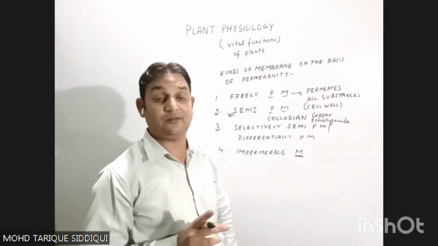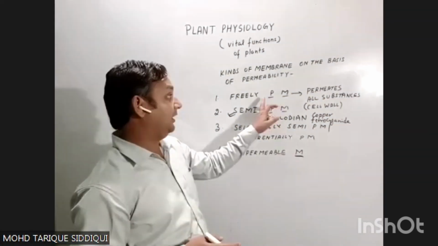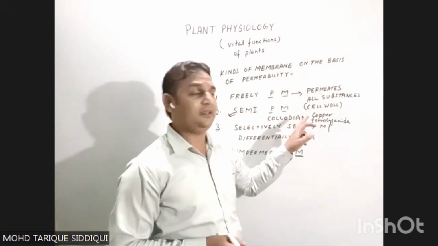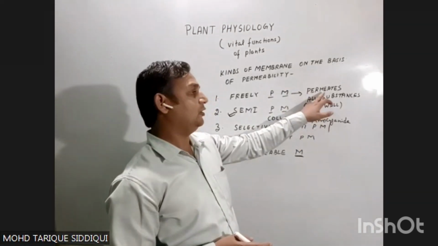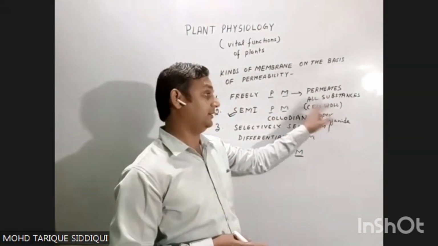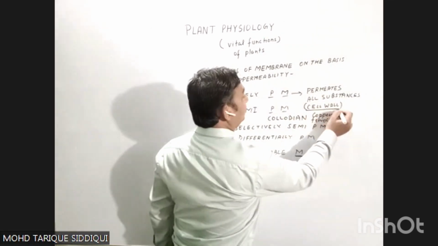It's your choice whether you write in and out of the cell or across the cell. A freely permeable membrane is that membrane which permeates molecules or ions of all the substances in and out of the cell. Example of this freely permeable membrane, we have the cell wall.